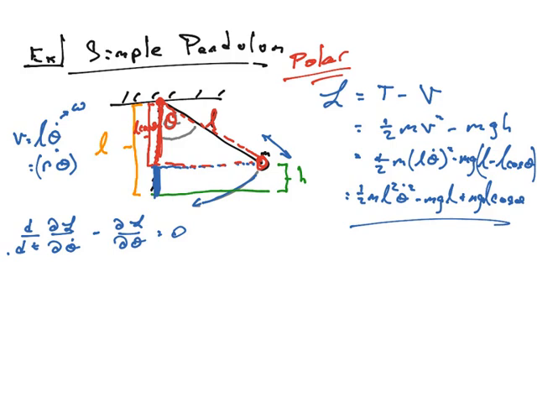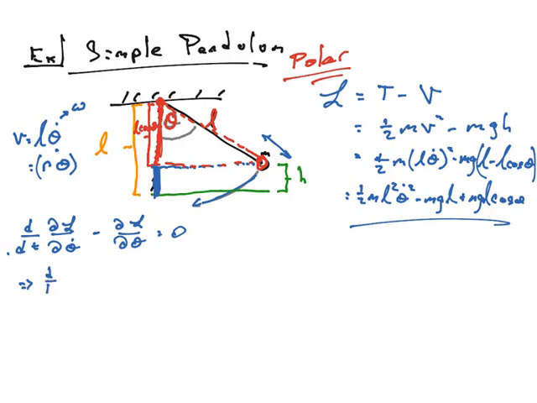If I were doing this in Cartesian coordinates, I'd have x and y Lagrangian stuff, and so I'd have an x Euler-Lagrange equation and a y Euler-Lagrange equation. But here, I only have one, because the only thing that matters here is my theta. So now all I have to do is plug this stuff in.